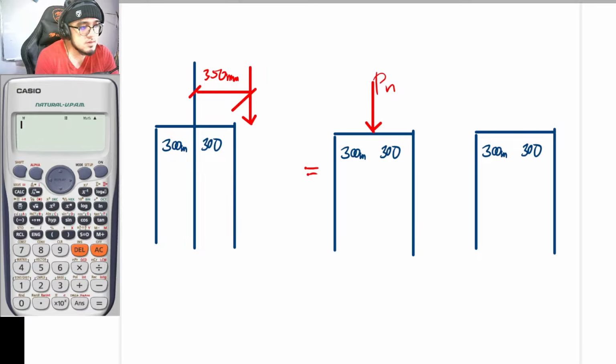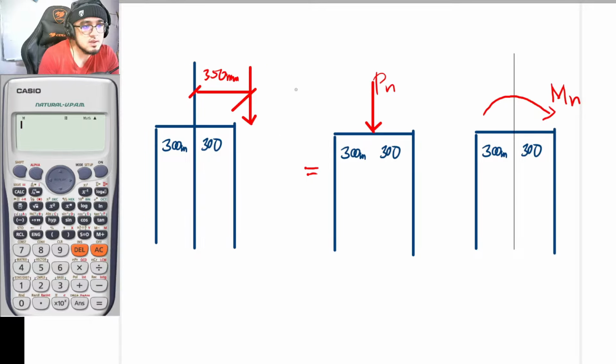So if this is once again the center line here, there is to be a certain moment here, moment Mn. The effect of this is basically the same if you would be combining the effects.